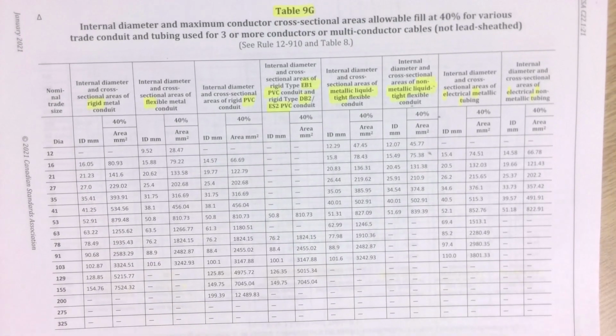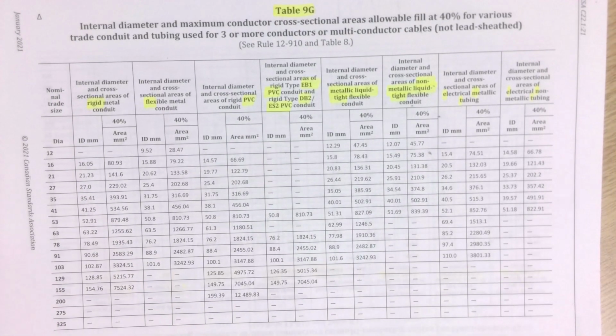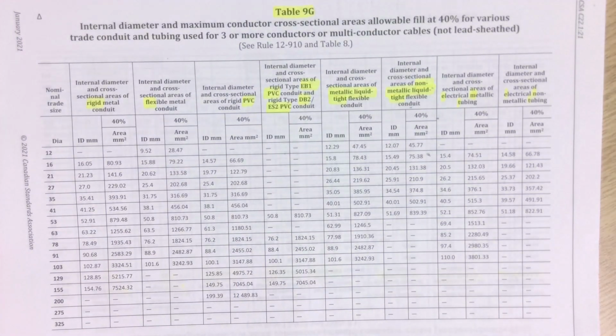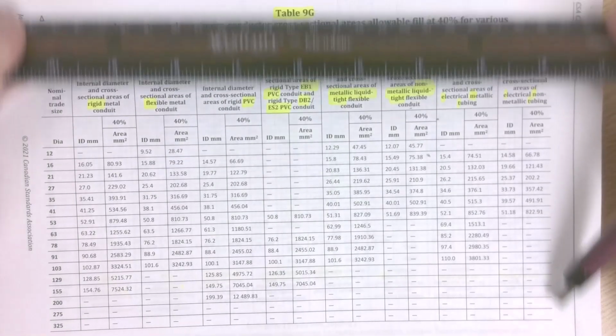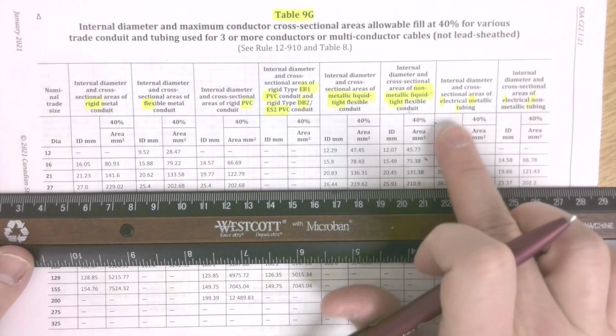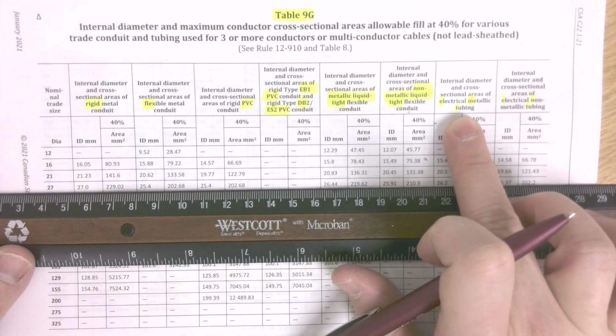And so with that 140.9 millimeters squared, and with the 40% fill, I find myself in table 9G, and I'm going to look down electrical metallic tubing.